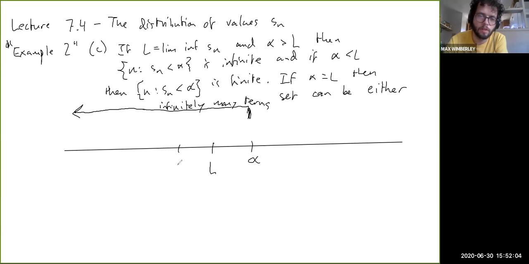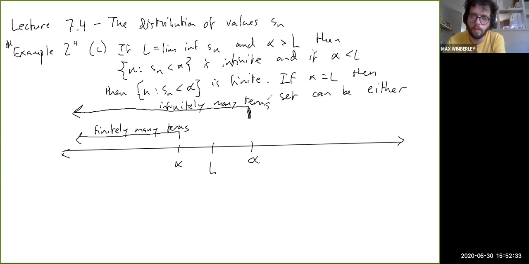And if alpha is over here, then there can only be finitely many terms. Okay? And again, for L, you could have the sequence approaching L from the left or from the right. So there could be an infinite number to the left of L, or only a finite number to the left of L.